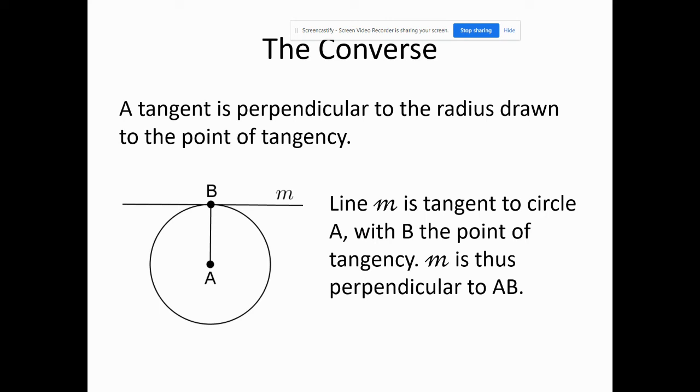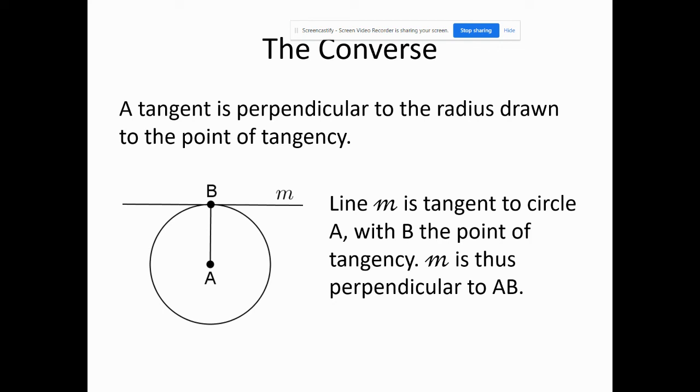So here's the setup. We've got the line M, that is, let us say, tangent to the circle. So that's the given. B is the point of tangency. That is the point where the tangent intersects the circle. And then we construct AB, the radius to the point of tangency.